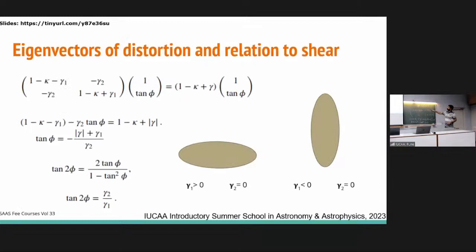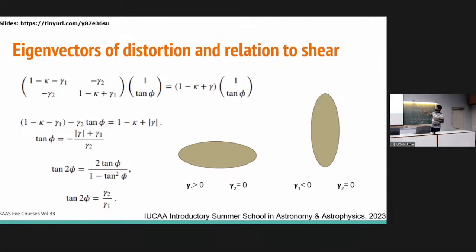So in order to do that, I just have to write down this particular equation and then try to solve it. So if you just write 1 minus kappa minus gamma 1 minus gamma 2 tan phi, it should be 1 minus kappa plus this mod gamma. You rearrange this, you will get that tan 2 phi will be equal to gamma 2 divided by gamma 1.